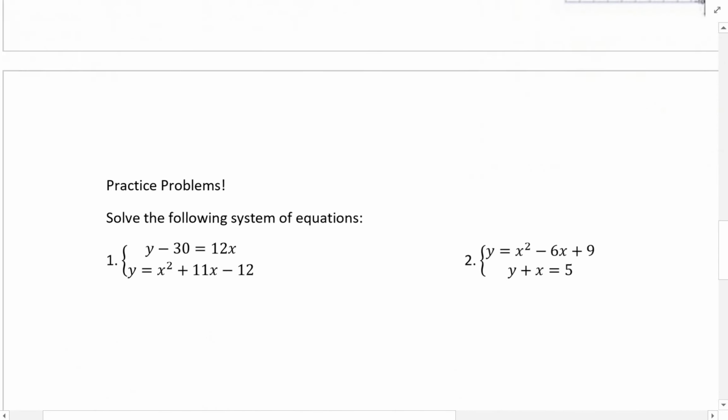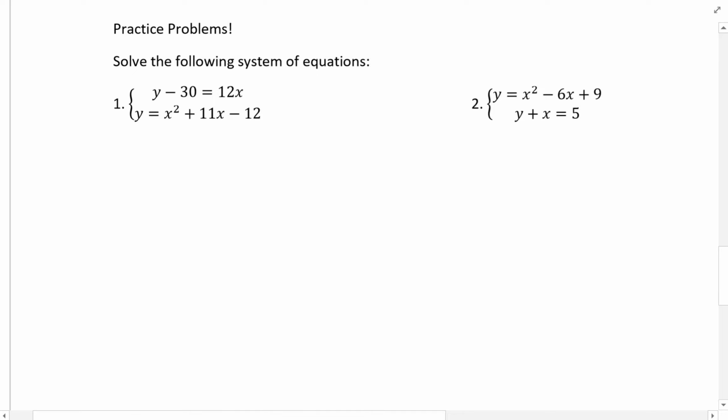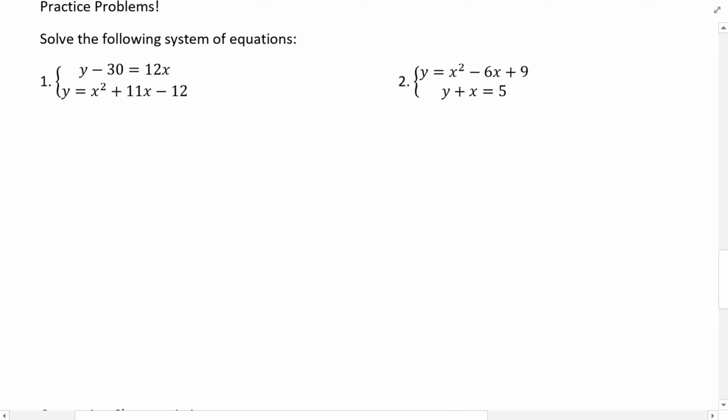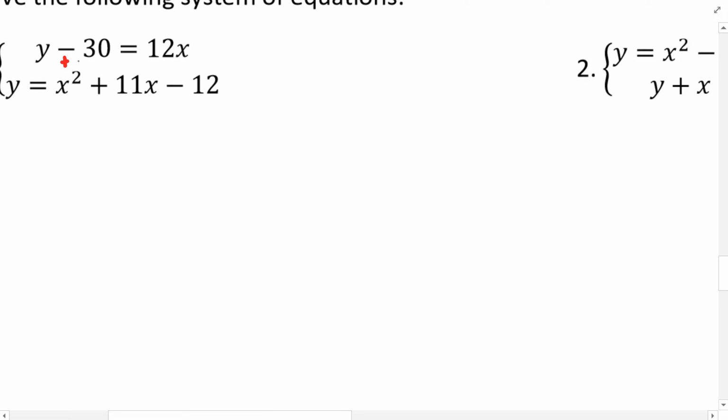Down here, they aren't. So as you go through this, make sure they're y equals. If I get you started in the first one, how do I make that first equation y equals? Well, I can just add 30. So I really have y equals 12x plus 30. Once you have y equals on both, you can then set them equal to each other and solve your quadratic.